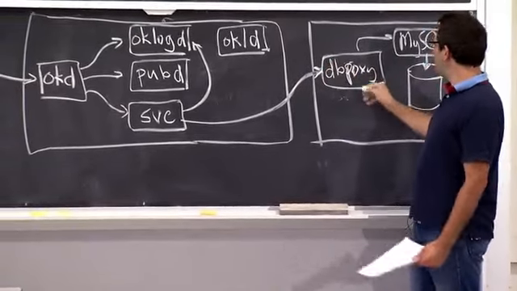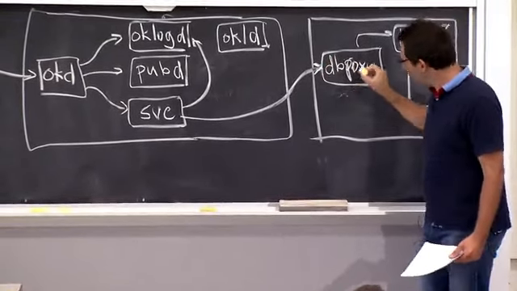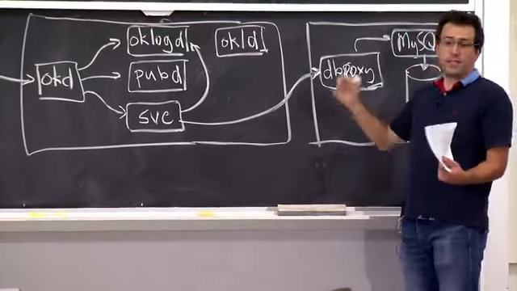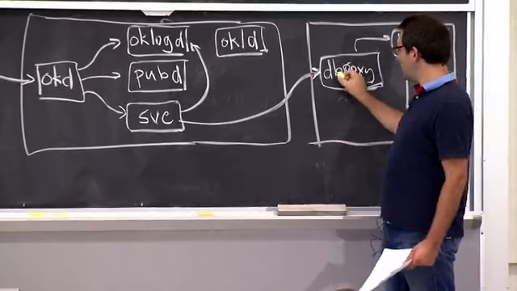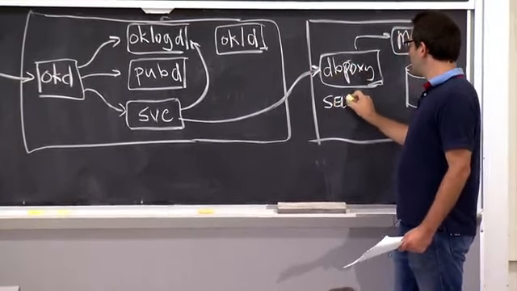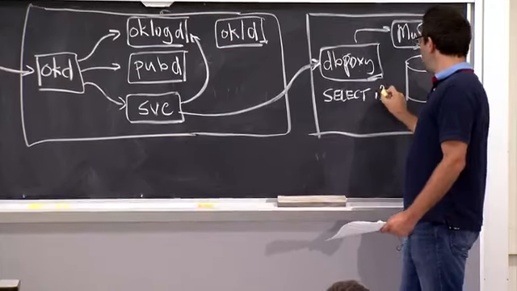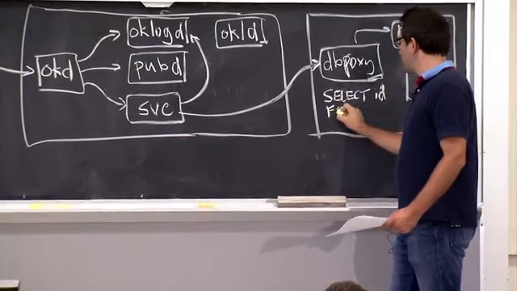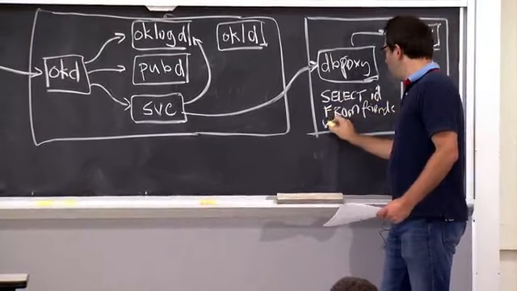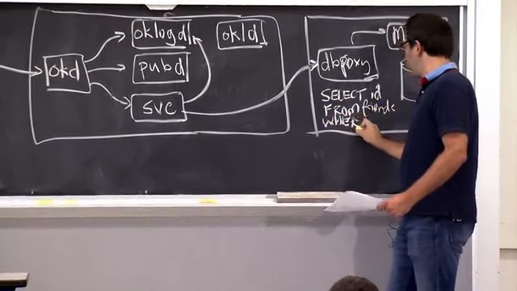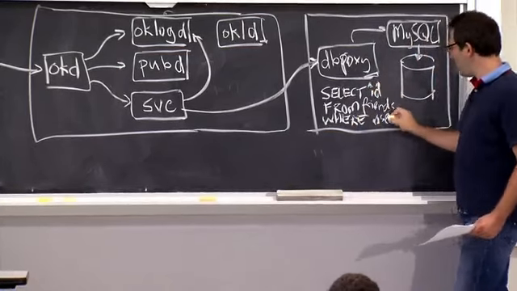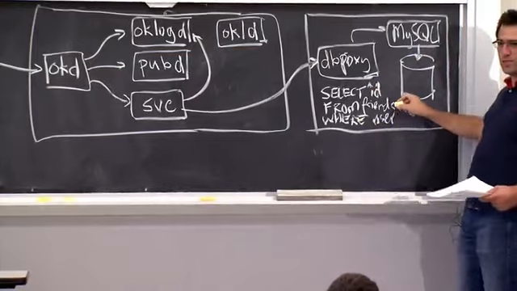So it might be that this DB proxy, this one in particular, maybe is for finding, I don't know, your friends or something. So inside the DB proxy, maybe there's a template query like, select ID from friends where user, I guess this is like the ID of the friend, and this is the ID of the person who is the friend of.